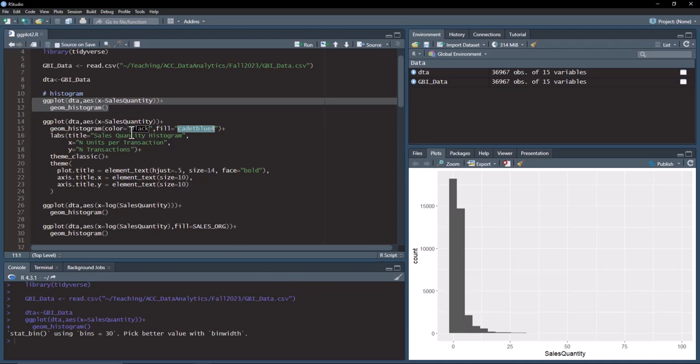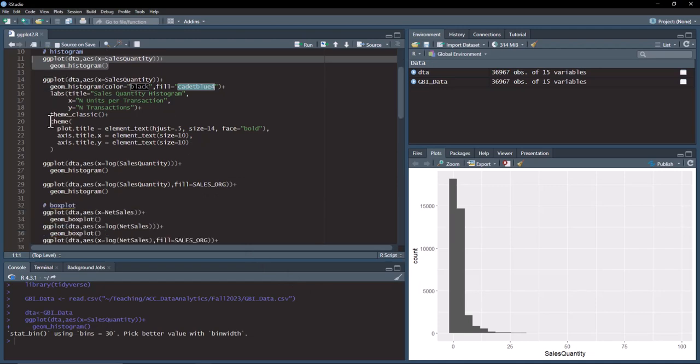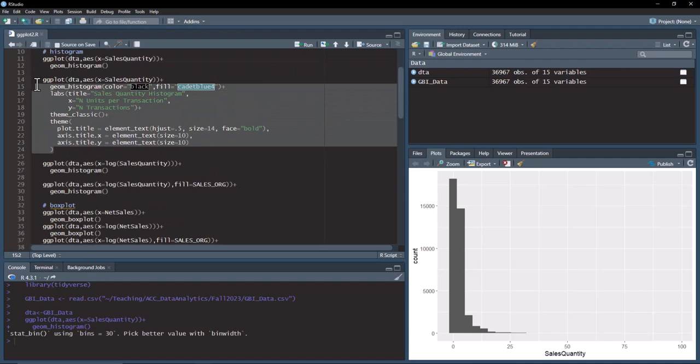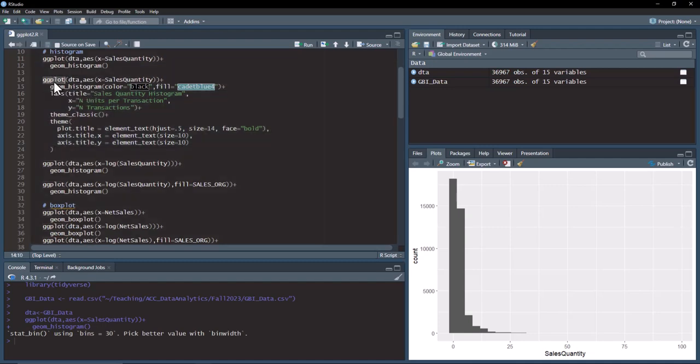The next part here is the exact same plot, and we'll only do this once so that you can see some of the options. But notice it has the ggplot function, the geom_histogram function, and then a bunch of other things. Everything else here is just to alter the look of the graph. It doesn't change the substance of what's there. So let me walk through just a little bit here.